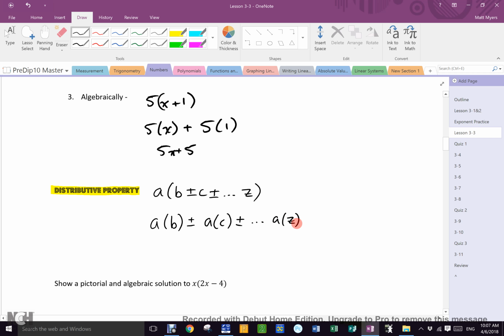Now, a lot of teachers do this. They draw these little arrows to show you that A distributes to every term inside the bracket. And then they give it a fun little name. They call it flying arrows.